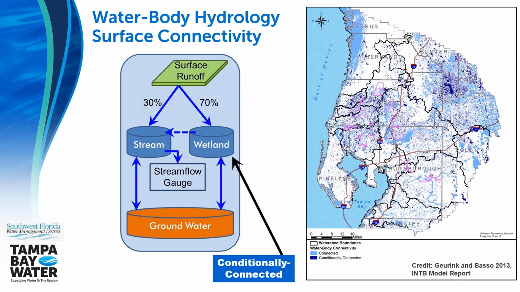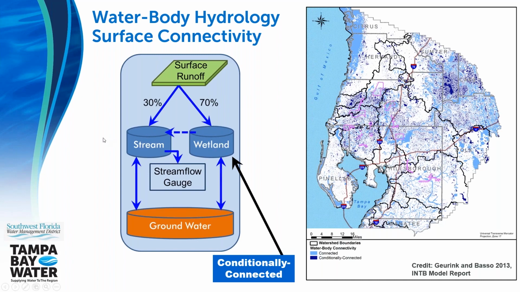This is a significant component of the hydrology, the conceptual understanding of the area, since these isolated, conditionally connected wetlands do not discharge to connected streams until the water levels reach the rim of the wetland, which means that during the dry season and early wet season, these wetlands do not discharge or contribute to downstream gauges.